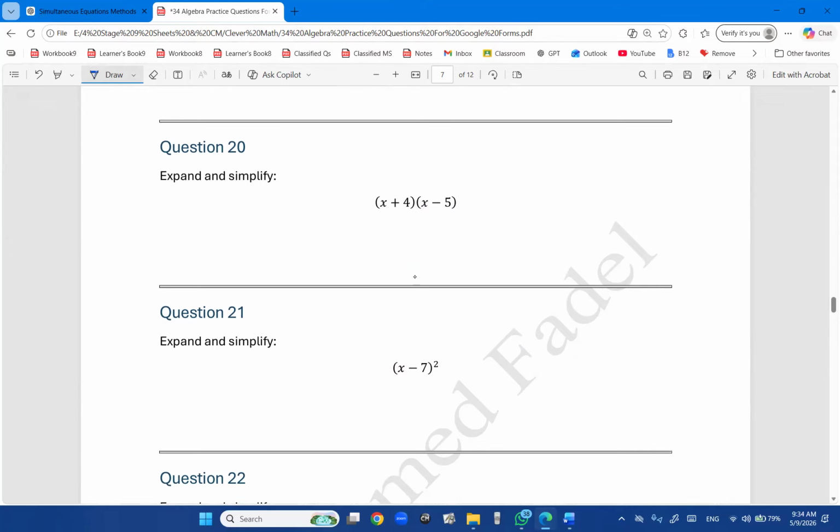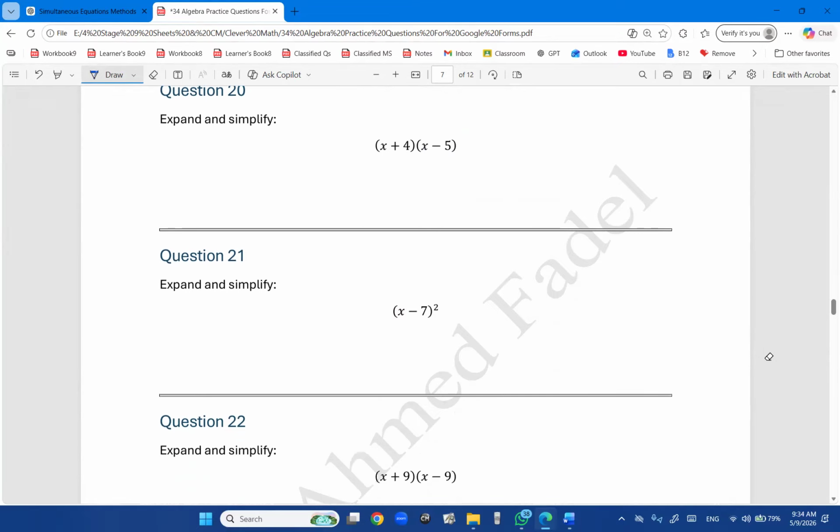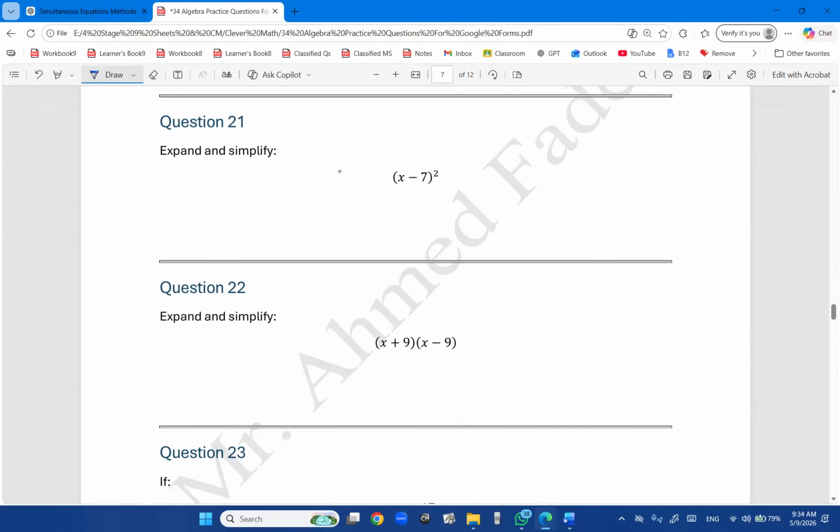Here you're going to follow the same steps exactly. Here, this shows x minus 7 multiplied by itself. So please don't just go and write x squared plus 49, because x squared is x squared, negative 7 squared is positive 49. No, this is not how it works. Please do not do that.